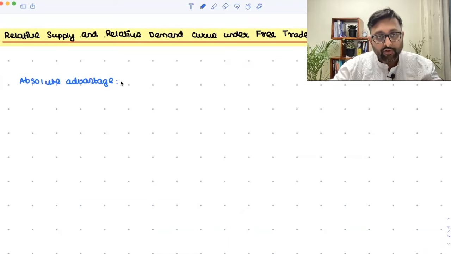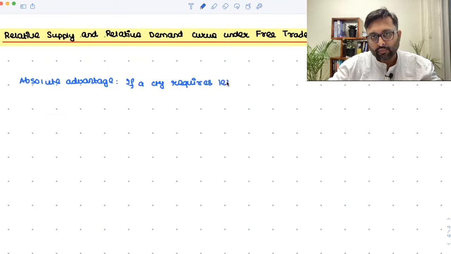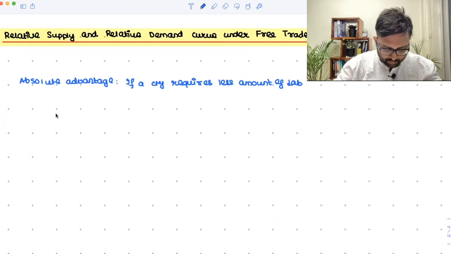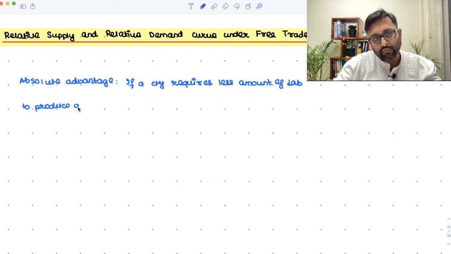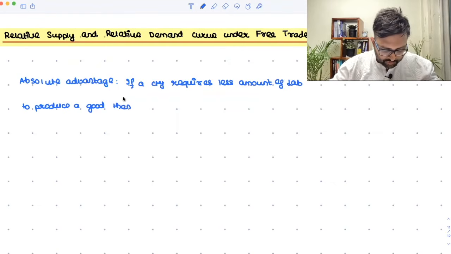So please write this: if a country requires less labor to produce a good, then such a country has an absolute advantage in the production of that.